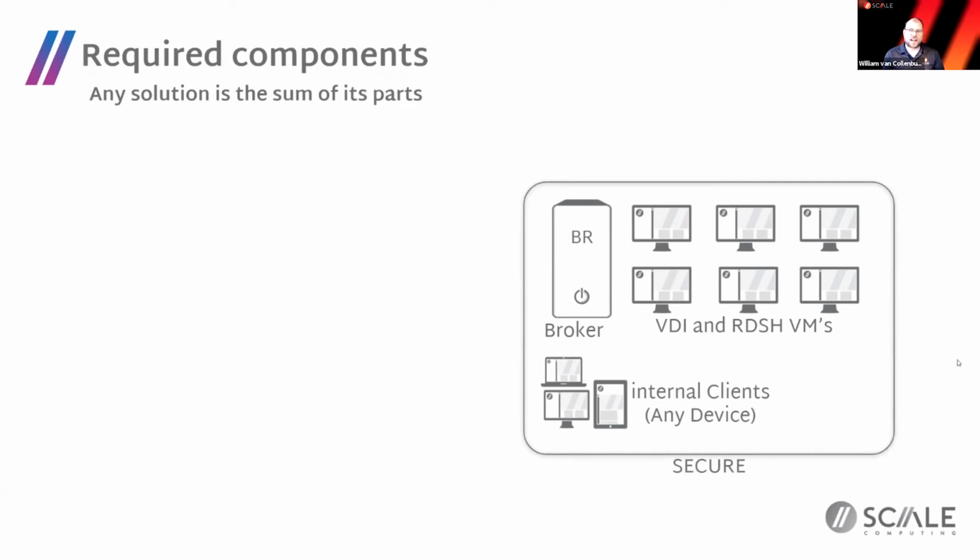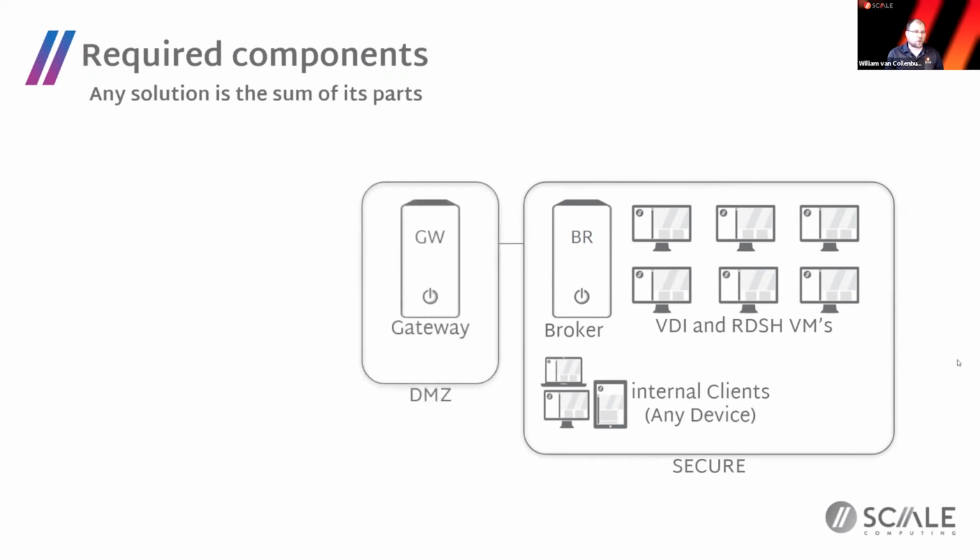Obviously, VDI and SBC both are also very well targeted at remote work. So for remote work, we need some kind of gateway. Now, almost all of the products that I know of, but at least all of the products that we at Scale work with, come with gateway functionality. This gateway, as you can see over here, is placed in your demilitarized or insecure zone.